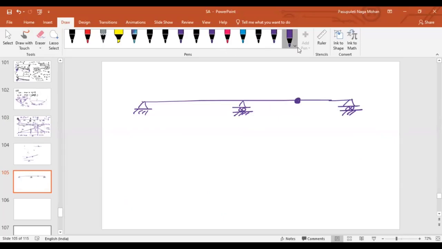Has anybody completed? If I move it in the upward direction, I know here the deflection is 0. Here also the deflection is 0. And how are they going to deflect?